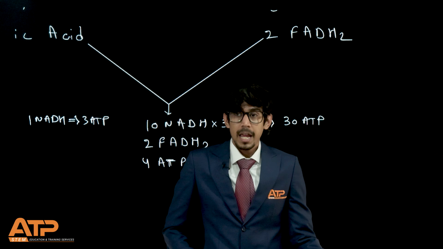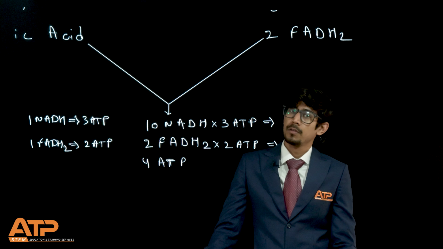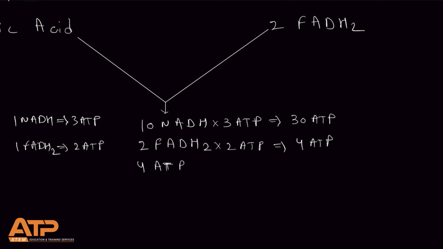Then if one FADH2 produces 2 ATP, how many ATP would be produced by 2 FADH2? We just multiply by 2. So 4 ATP. We got the 34 ATPs that we were looking for, right? So we will get 34 ATPs from the electron transport system.